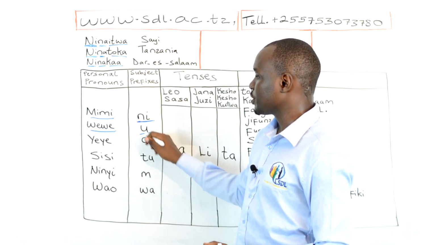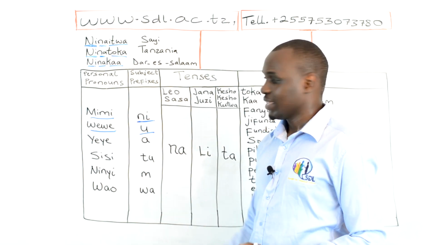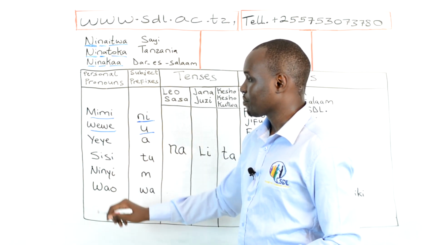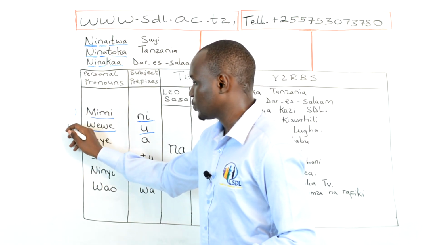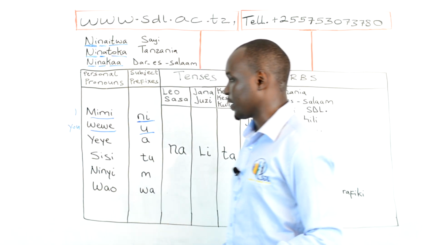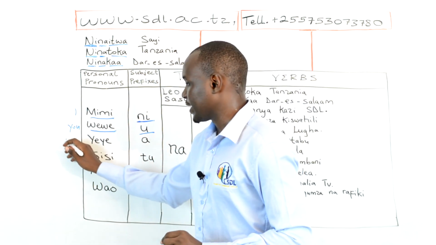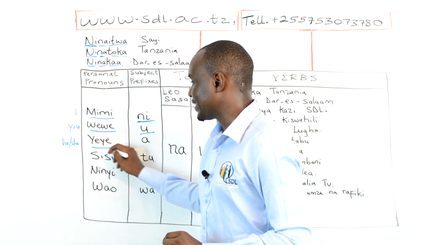U is the subject prefix of wewe, and wewe means you. Mimi means I, wewe is you, and yeye is he or she.